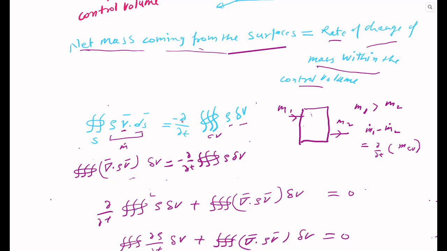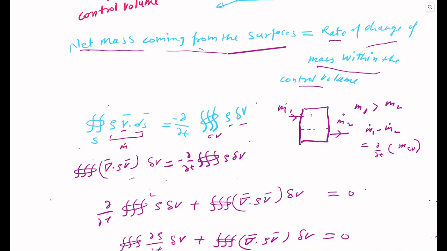For example, here this is a tank, with mass flow rate coming in M1 and going out M2. When M1 is greater than M2, so M1 minus M2, what will happen? If M1 is higher and M2 is less, the mass will be stored here.